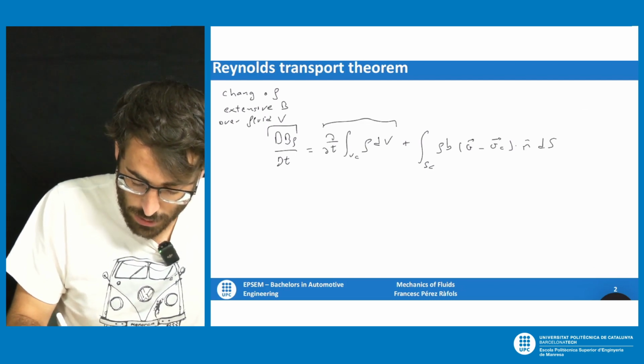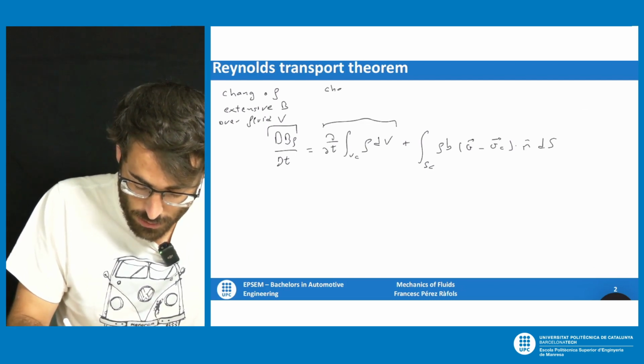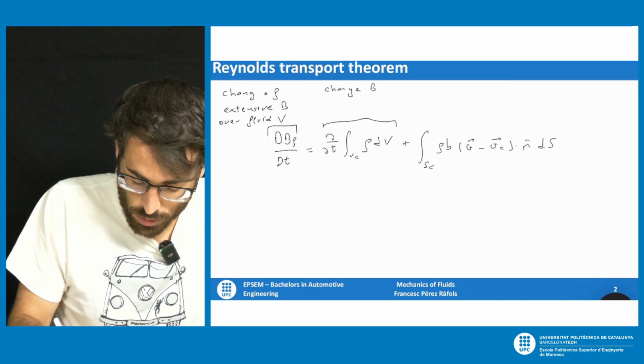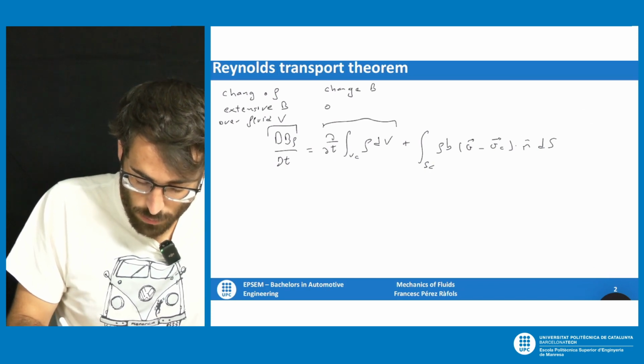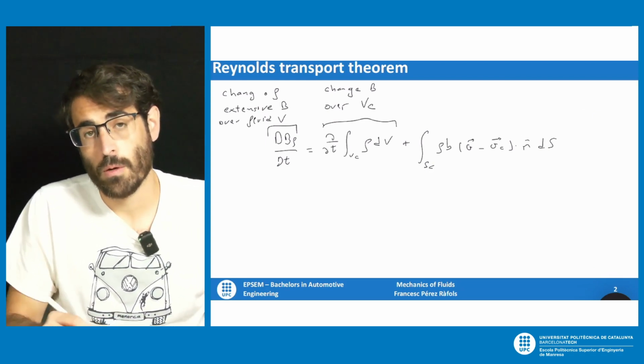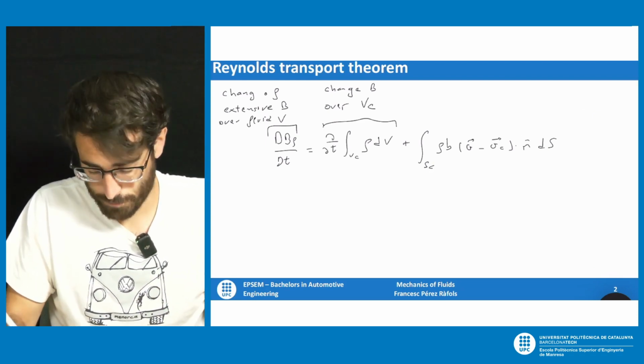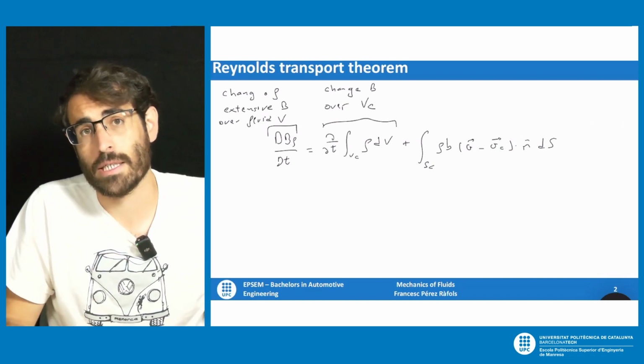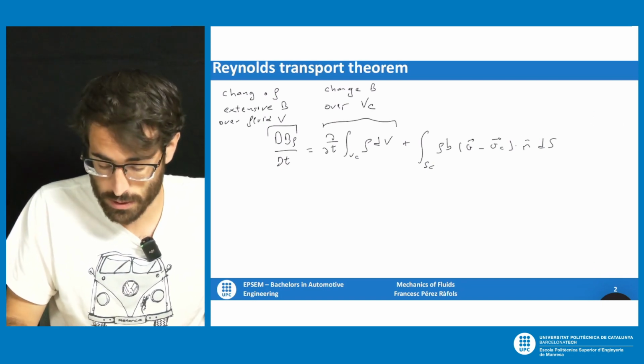Then this term here is a change also of B, but now over the control volume. Remember, the control volume was this volume that we're selecting as our study case.